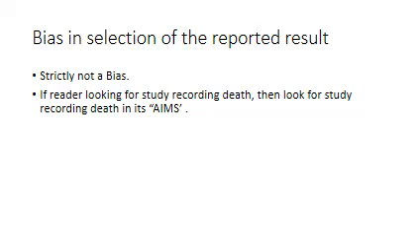Now, the other one is bias in selection of the reported result. This is not a risk of bias, right? In a trial, they may collect hundreds of different results, but they may report some. Now, if they say they are going to report something and then they don't report it, then that is a risk of bias. Then you will ask, why are they not reporting it? Was it not favorable to the outcome?